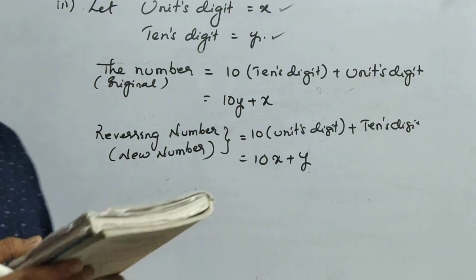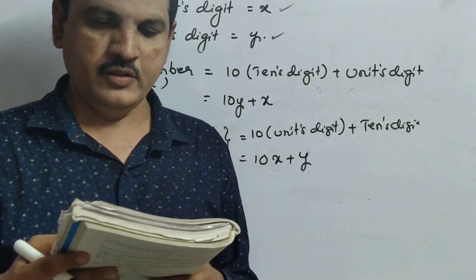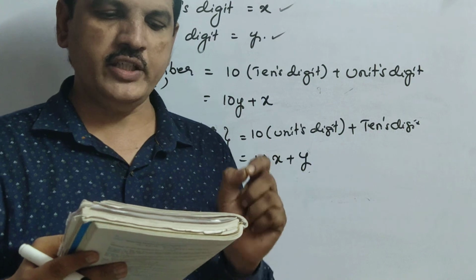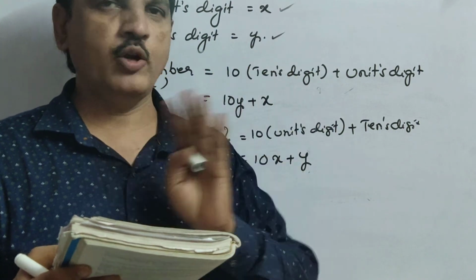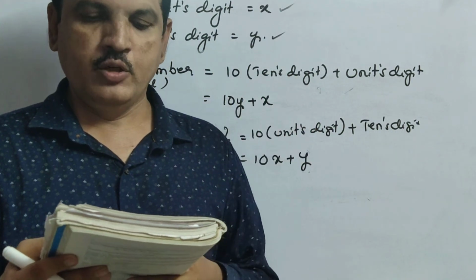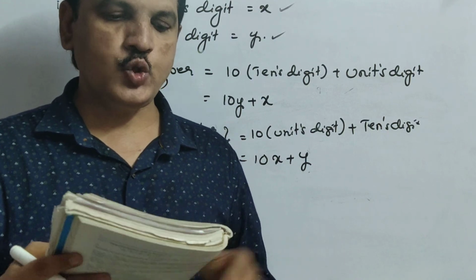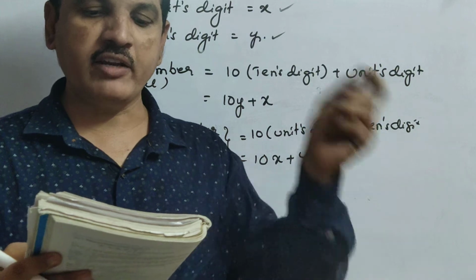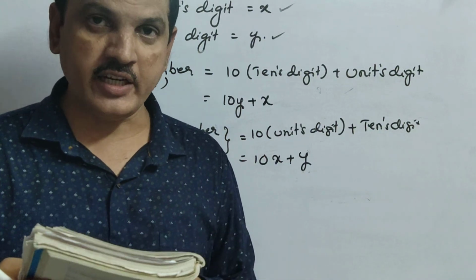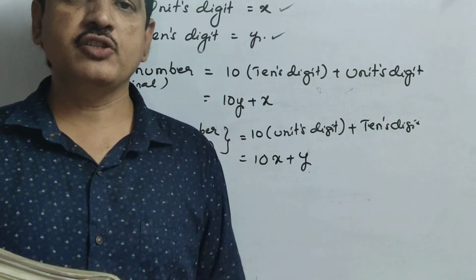Now come to the question again. The sum of the digits of the two-digit number is 9. I have not discussed that one yet. Also, 9 times the number is twice the number obtained by reversing the order of the digits. Actual logic is here only.